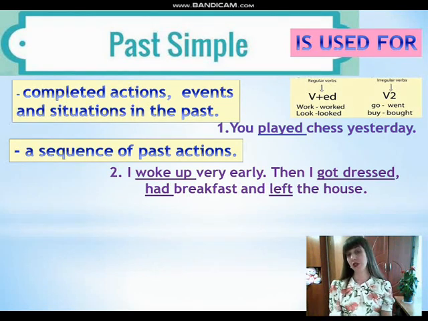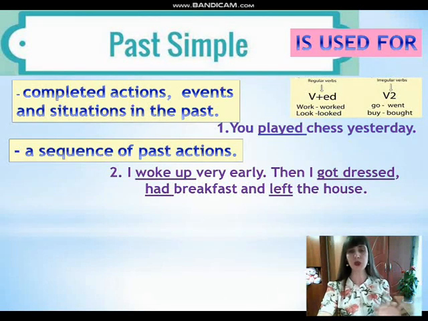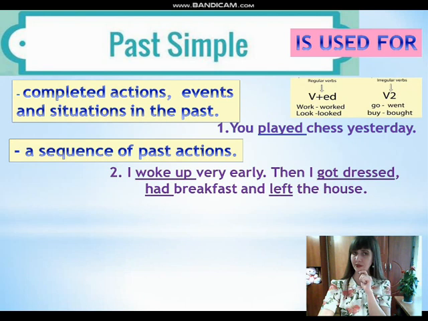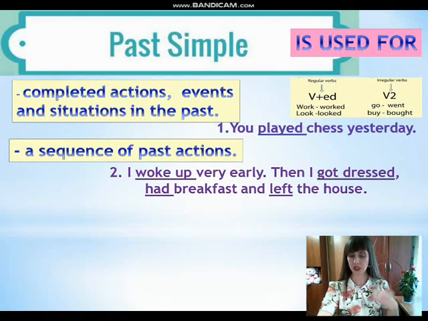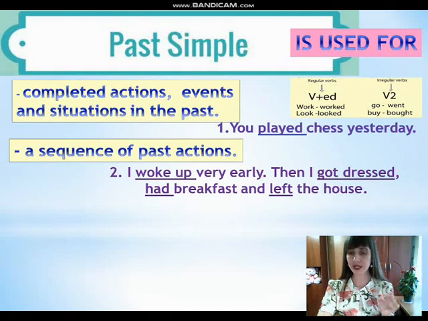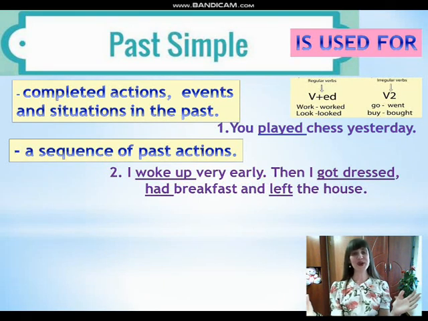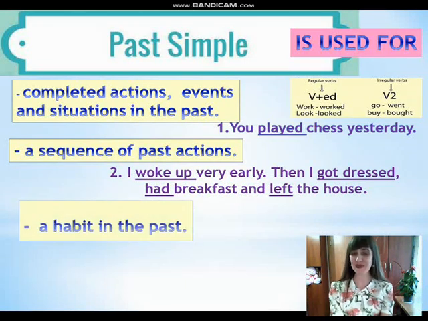You like to tell your friends, when I was 5, I couldn't write. Your friend is listening to you and responds, Oh, but when I was 4, I could write and even count till 10. Oh, these are the habits that you had in the past.